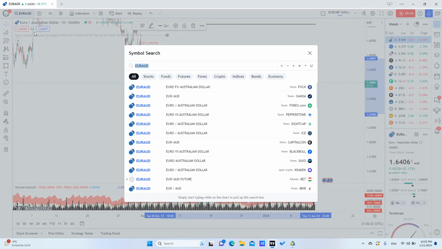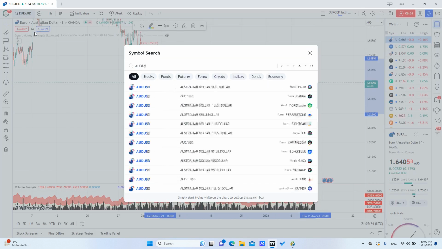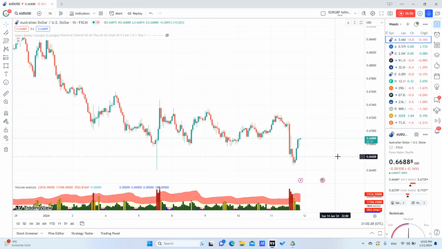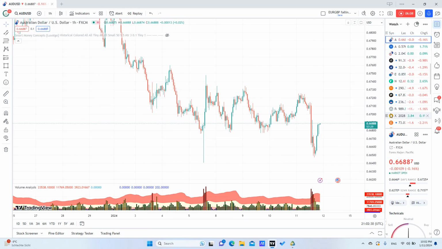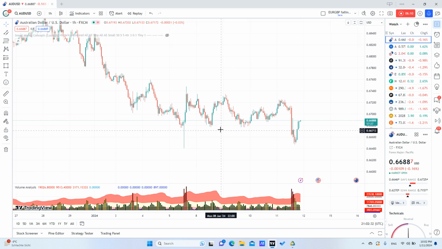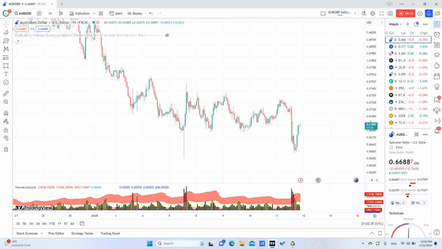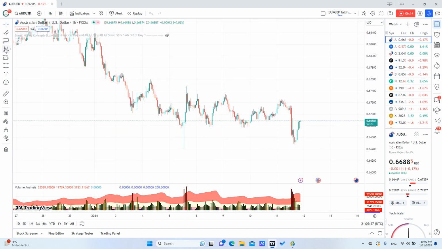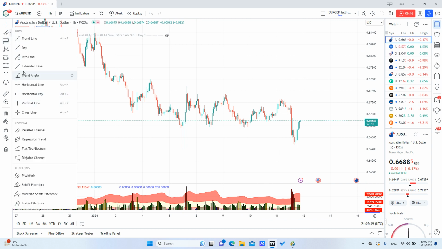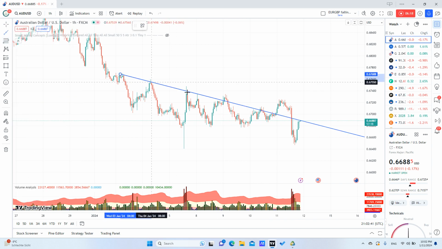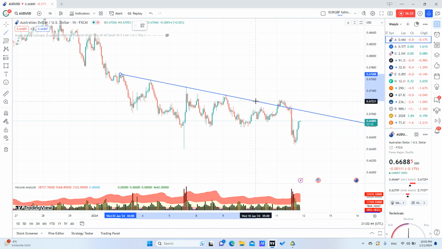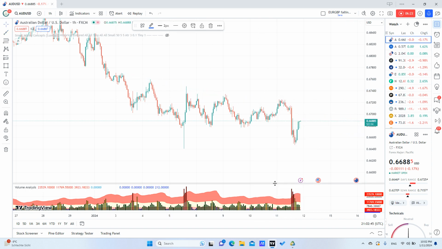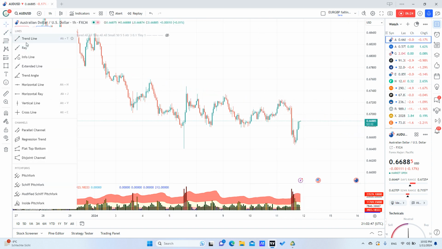I think we may have the same setup here on AUDUSD, but at the same time, it is a tricky one. But I think we have this liquidity, and I will mark it better with a trend line.